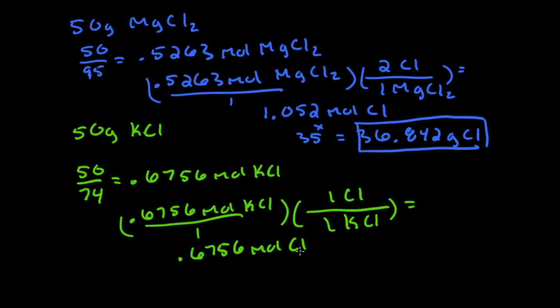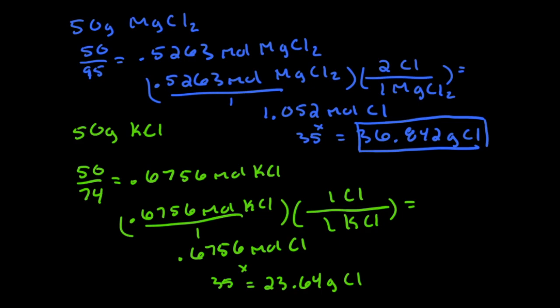I want to go from moles of Cl to grams of Cl, so I'll multiply it by the molar mass, which is 35, and that's equal to 23.64 grams of Cl.